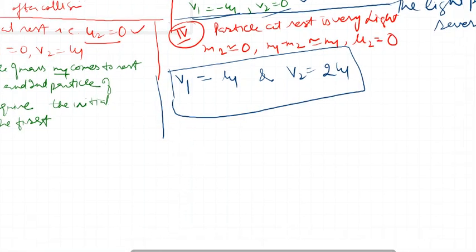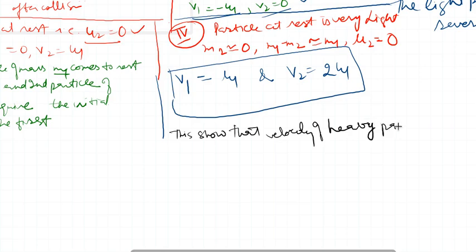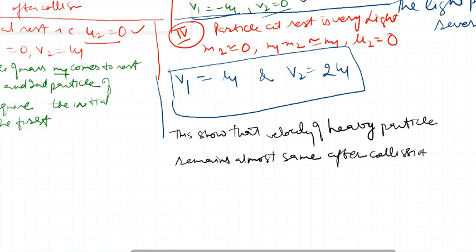So this shows that the velocity of the heavy particle remains almost the same after collision. That's what we are getting out of it.